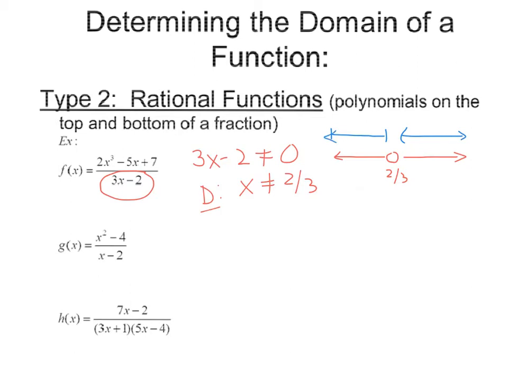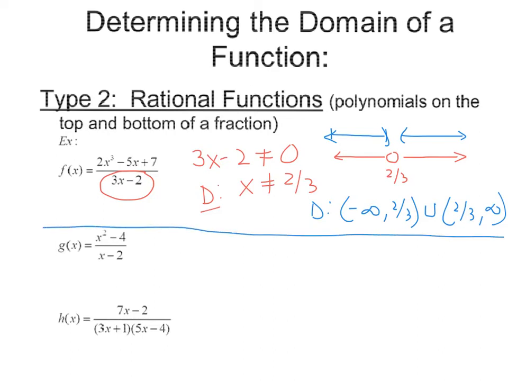So with that in mind, I can say the domain is from negative infinity to 2/3. I'm going to skip 2/3, and then I'm going to go from 2/3 to positive infinity. So I have two different intervals in order to skip that 2/3, and then I'm going to put a union in between, and that is my domain in interval notation.